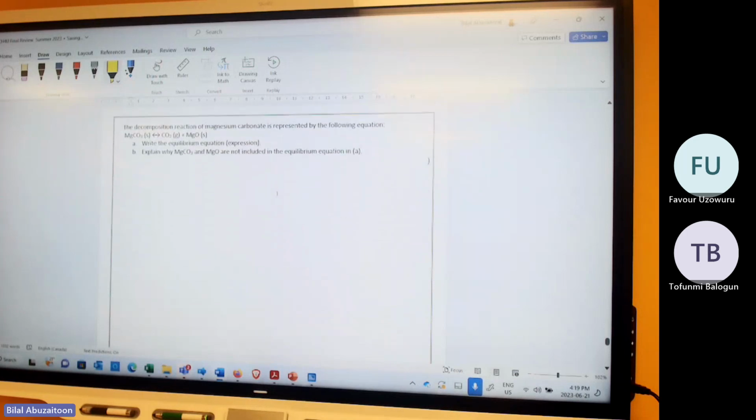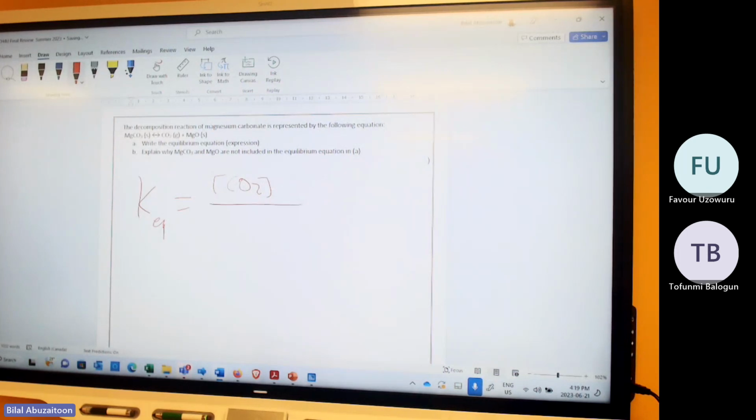Decomposition of magnesium carbonate, the equilibrium equation. What is the equilibrium equation? K equilibrium equals, I miss, sorry.